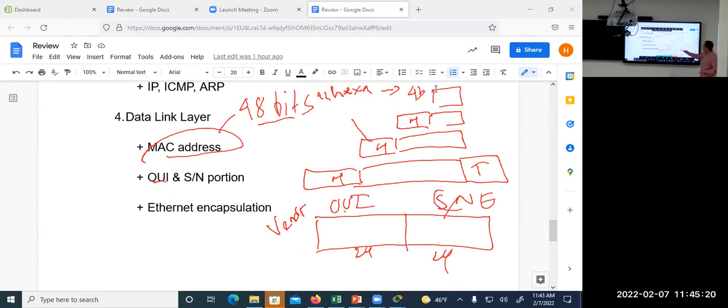The serial number is a unique number within each vendor. When you combine the vendor and the serial number, you have a unique MAC address. You never see two devices with the same MAC address.